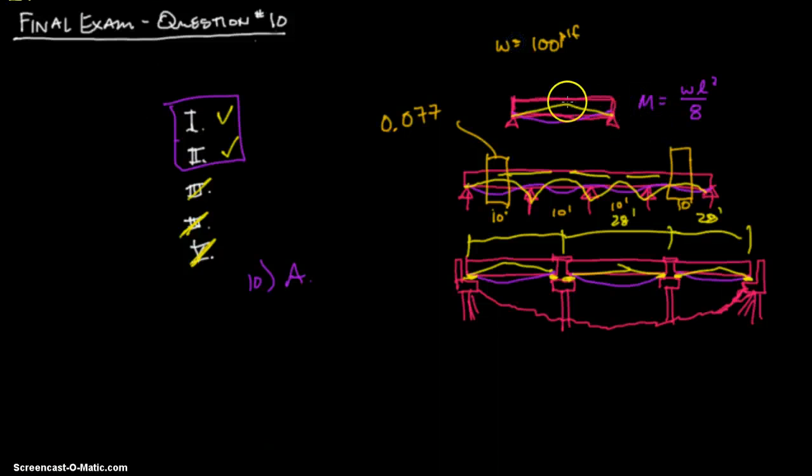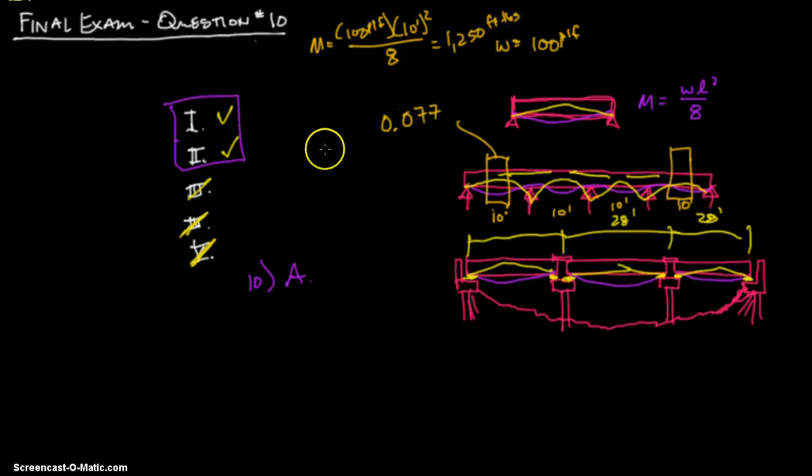So let's see what your maximum moment for your simple span is. M equals WL squared over 8. W is 100 PLF, L is 10 foot, squared, over 8. That equals 100 times 10 squared divided by 8, 1250 foot-pounds.